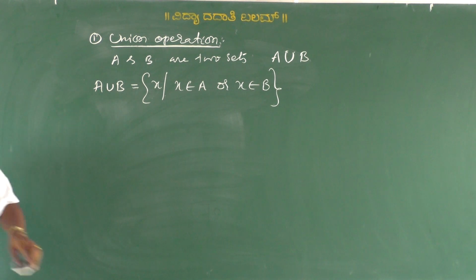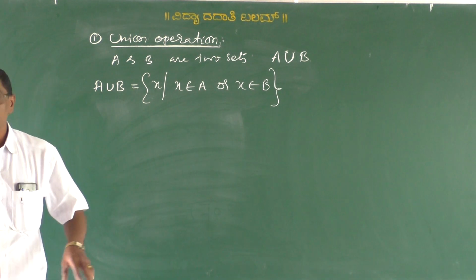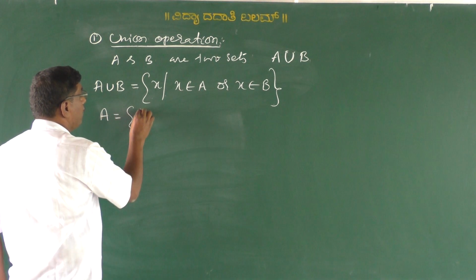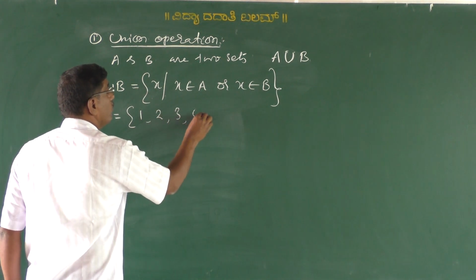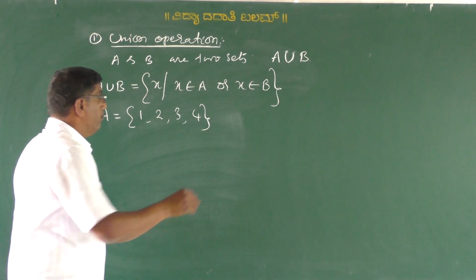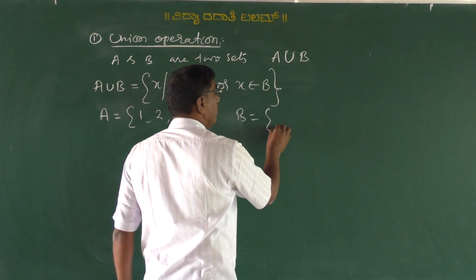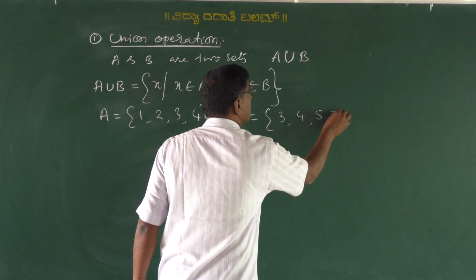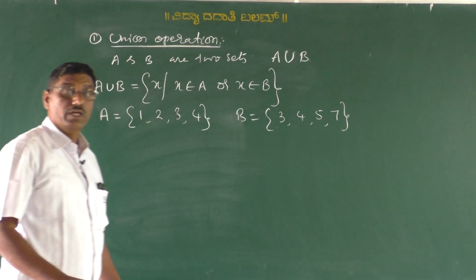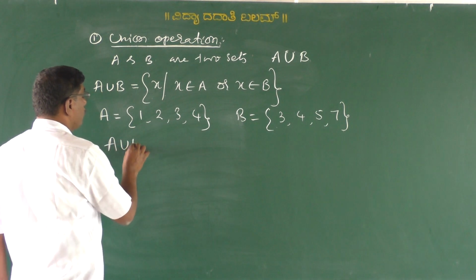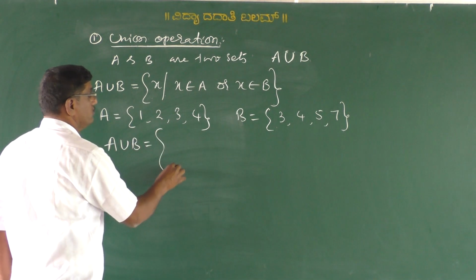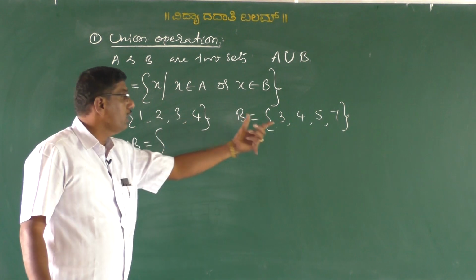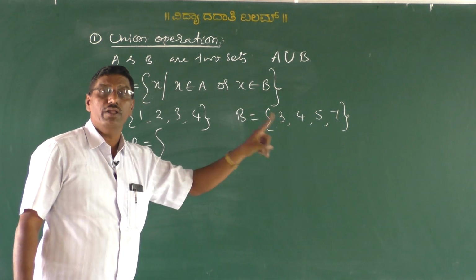Taking one example, my dear students, if I take A is equal to the set of all 1, 2, 3, 4, and B is equal to the set of all 3, 4, 5, 7, then A union B is equal to the set of all the elements of A or the elements of B, including common elements.